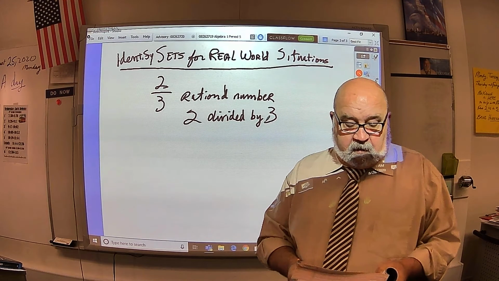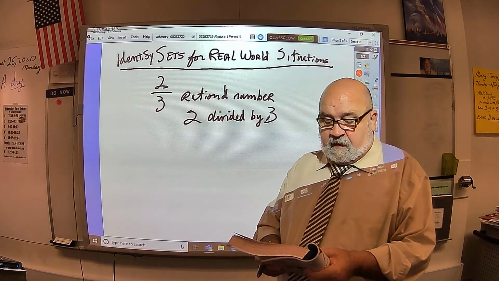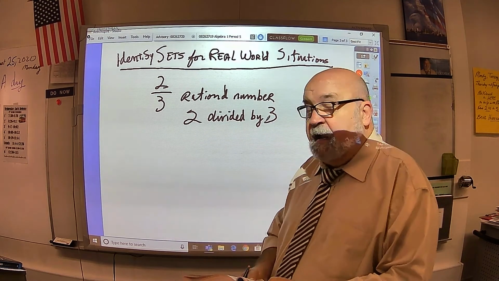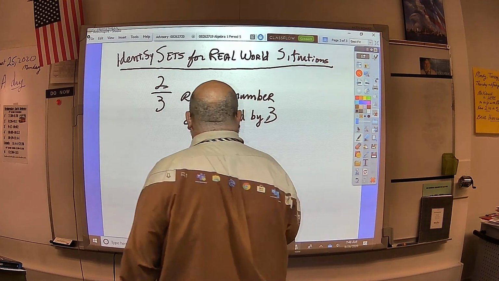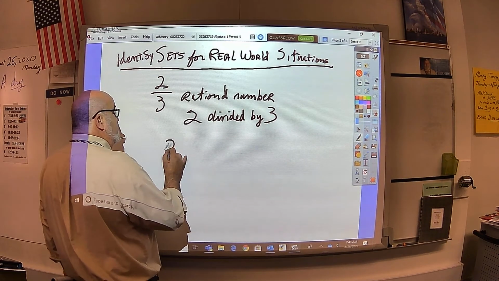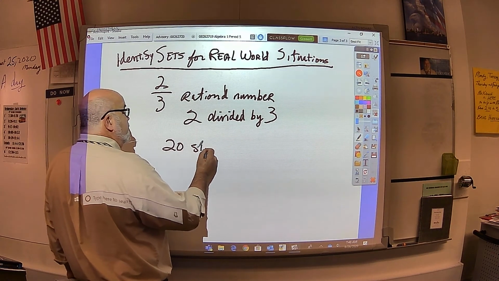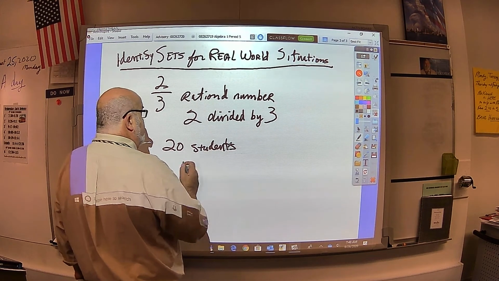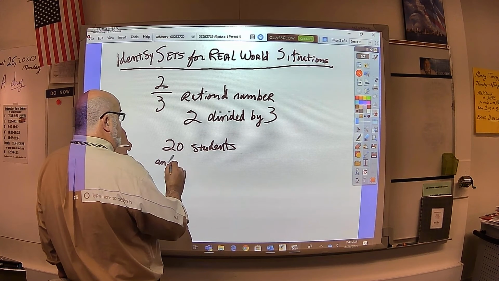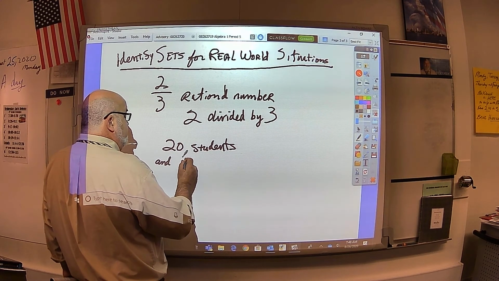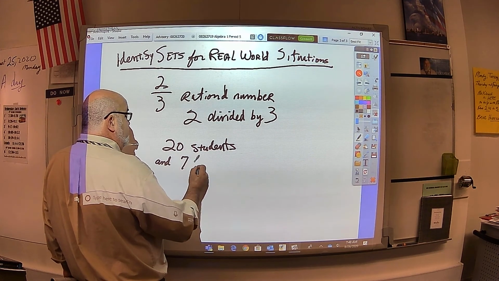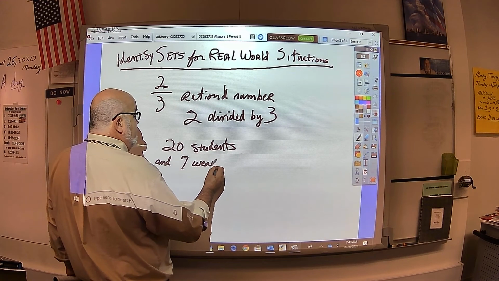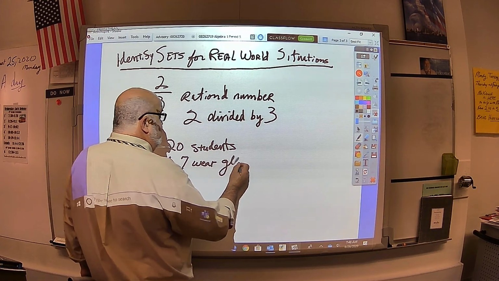So one way we can look at that selection for example 3A is in our classroom. Let's say we had 20 students. Let's not include Mr. Kolesnick. And 7, that's a little much, but 7 wear glasses.